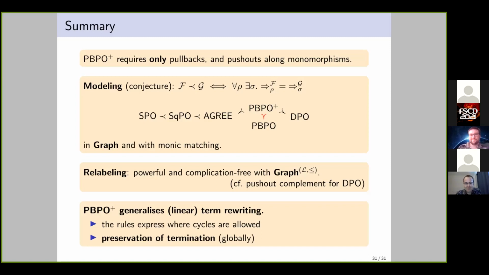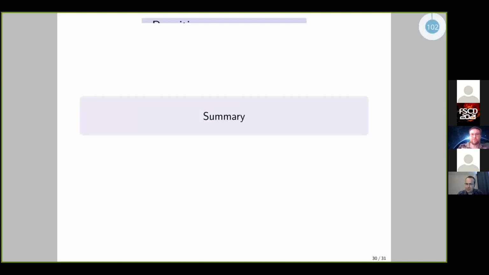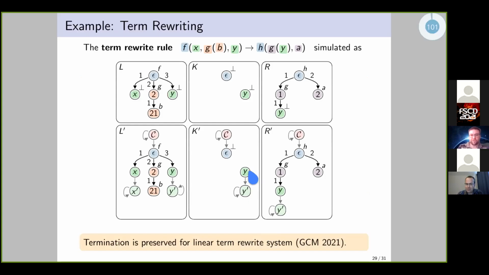Okay. So my question would be, you mentioned that linear term rewriting is subsumed. You also mentioned your framework has the ability to at least duplicate nodes. So is there a chance you could have duplicating rules? Yeah, duplicating rules are in principle no problem. You could just make a copy of this in this K prime, and it would duplicate the entire subgraph.